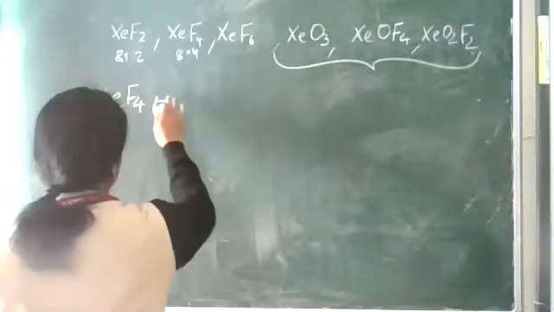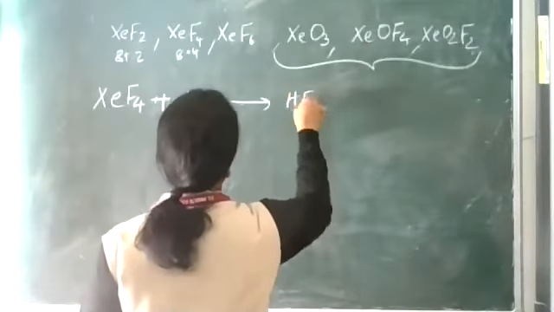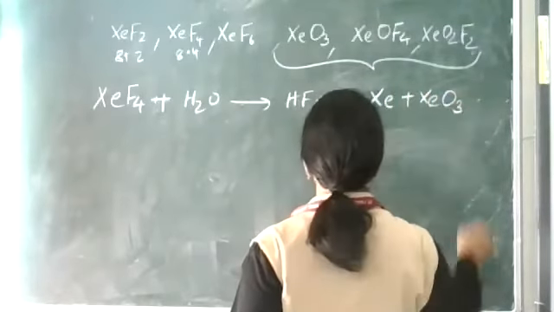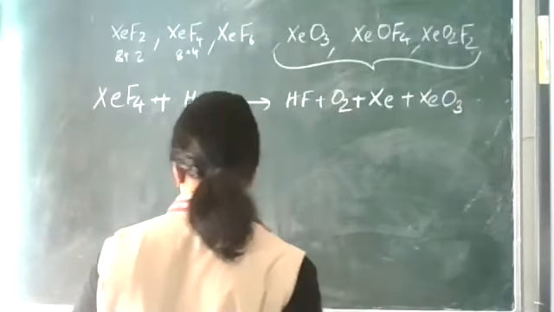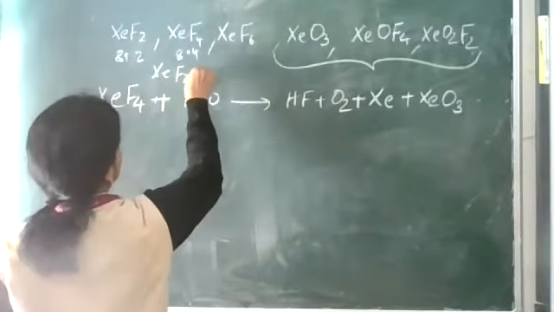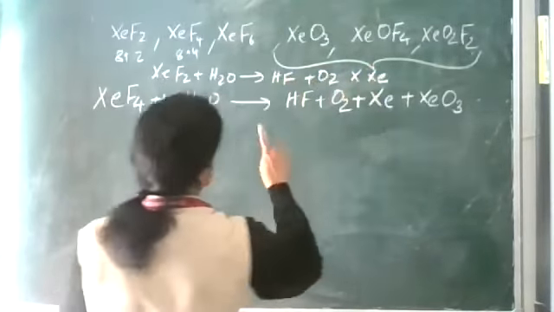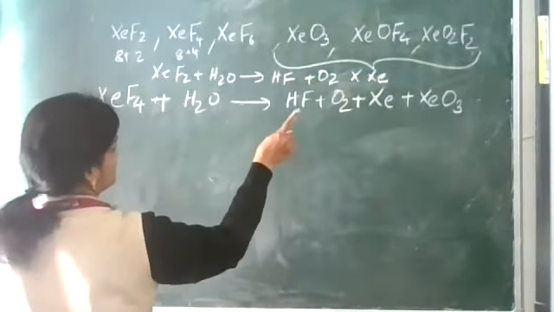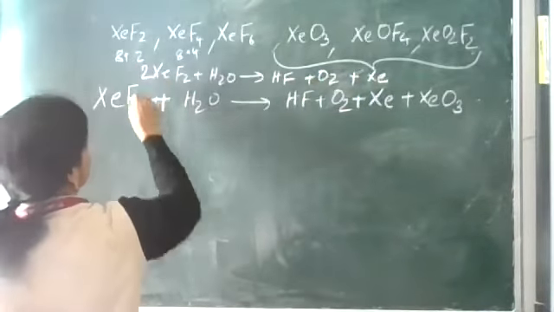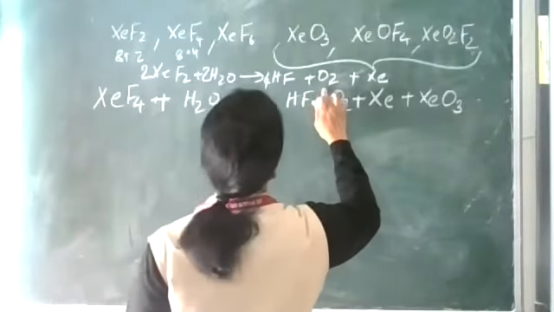By hydrolysis of XeF2, you will be getting HF, O2 and Xe. So 2 XeF2 plus 2 H2O gives 4 HF plus O2 plus 2 Xe.